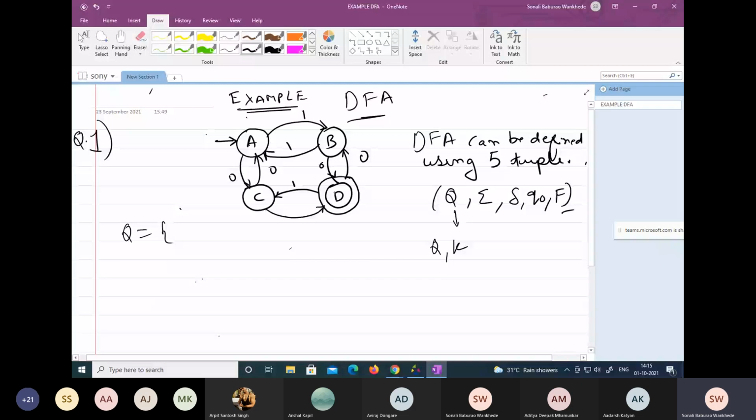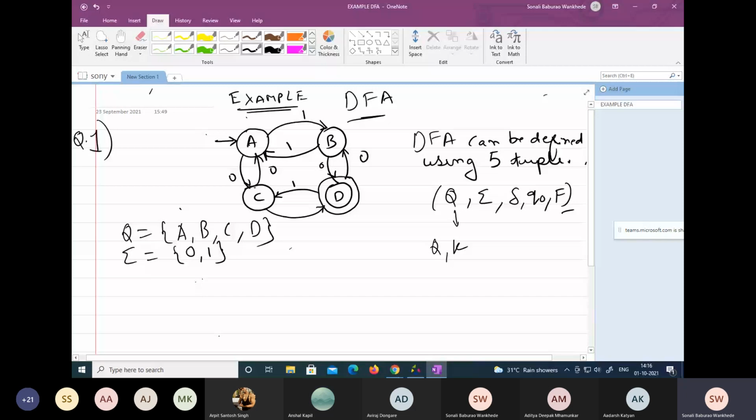Then I'll write sigma. Sigma means what? Your input, the finite set of symbols. Sigma is the input symbols. So input is either in the form of 0 or in the form of 1. These are my inputs, okay? So sigma is equal to 0, comma 1.